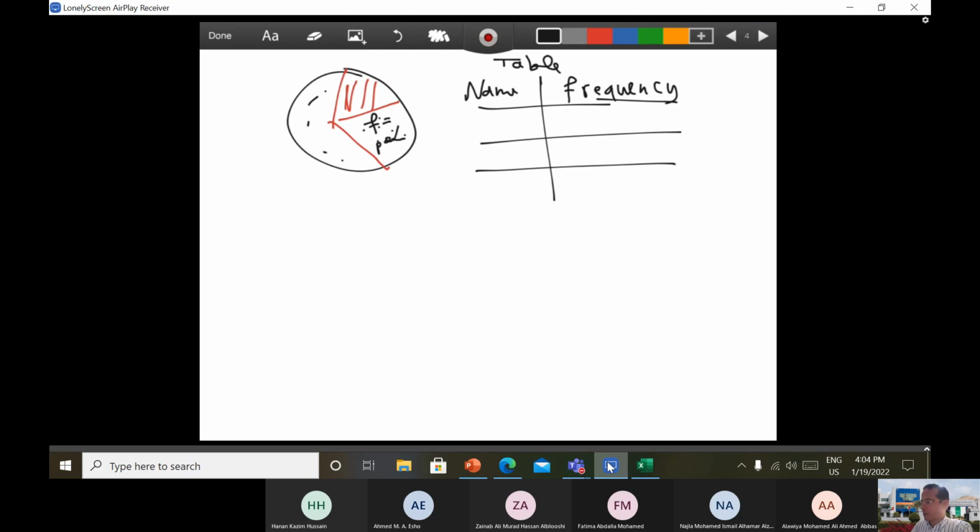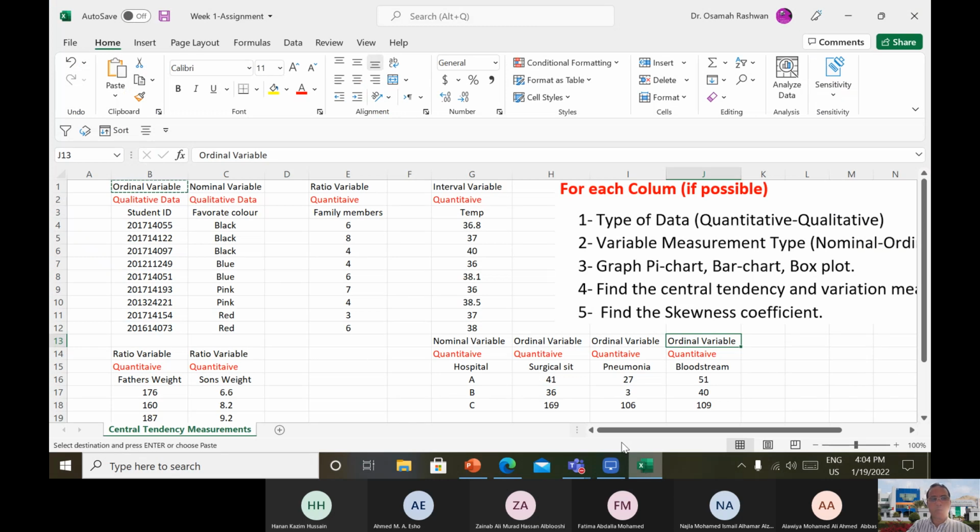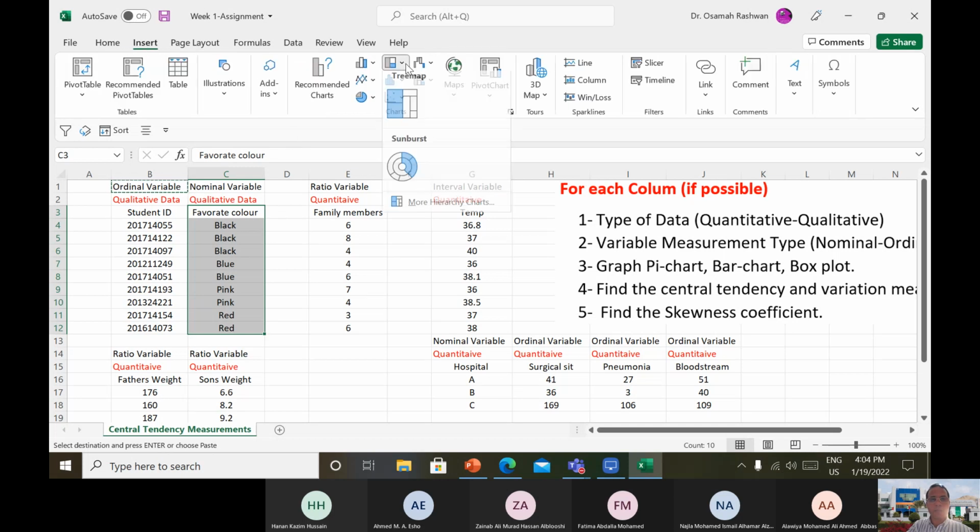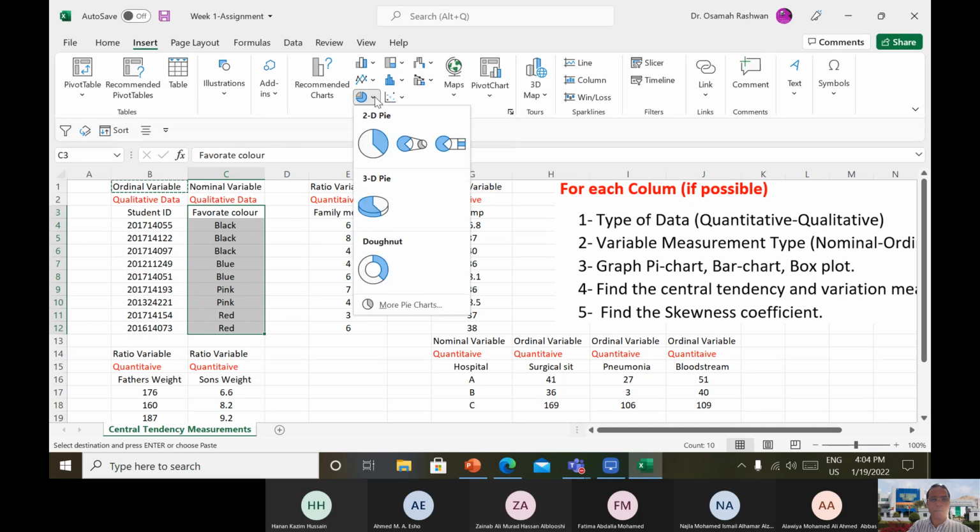If I do it by Excel, does it give me the pie chart straightforwardly? Which one can I make by pie chart? Let's go for this one. I prefer the qualitative to be represented by the pie chart. How to graph anything? You select the column and go for the, oh, sorry, the pie chart is here.